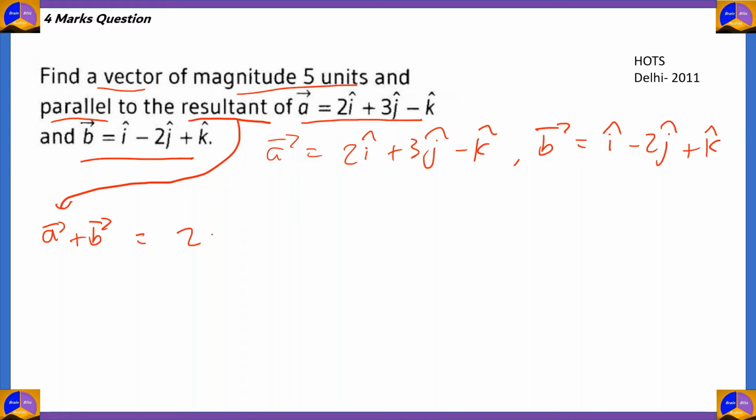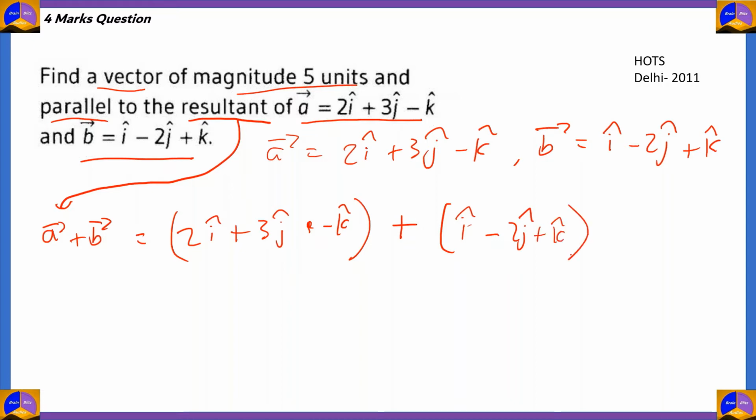And so a bar plus b bar is equal to 2i plus 3j minus k. That is in one bracket. And then plus the other bracket, which houses the other vector, i minus 2j plus k. Now we'll reduce it to its components.